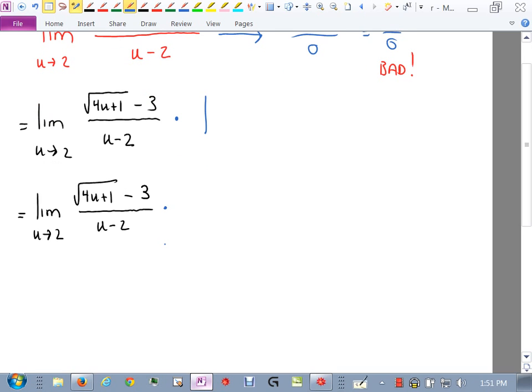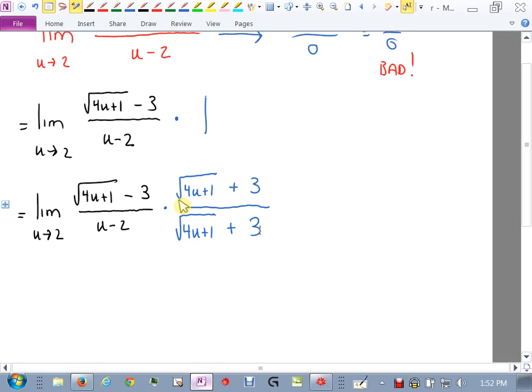Okay, here comes my 1. It's something you may have heard the name of before, the conjugate. I'm going to write down the square root of 4u plus 1, but then I'm going to put plus 3 instead of minus 3. And I'm going to do that to both the top and the bottom, because that's 1, isn't it?